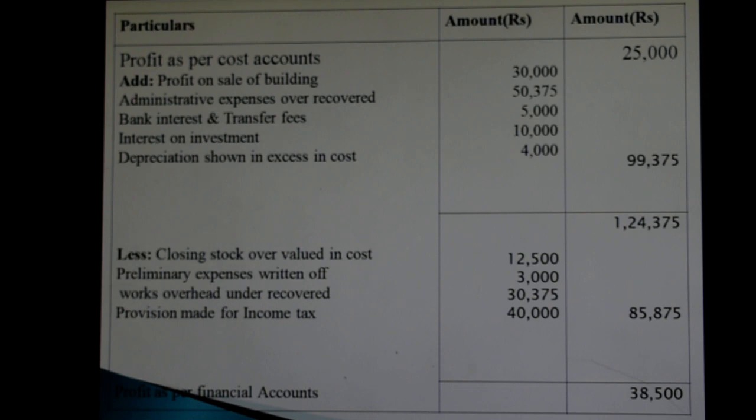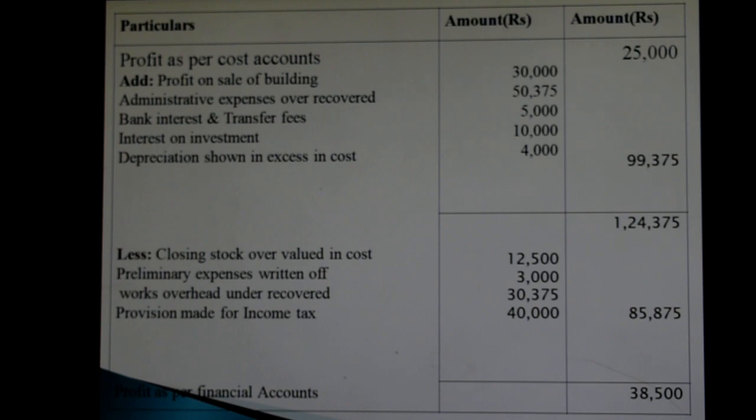Here see, the net profit as per cost accounts is taken as a base profit to solve this problem. So net profit as per cost accounts is rupees 25,000. With this net profit, we have to add profit on sale of building, rupees 30,000. Then administrative expenses which is over recovered, that is, the expenses over actual expenses, is 50,375.